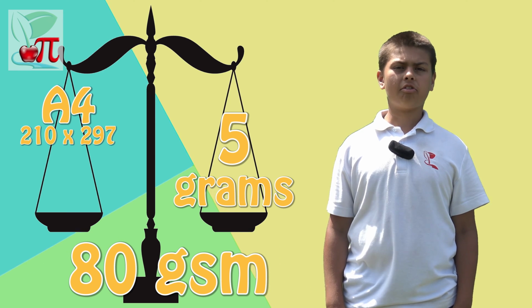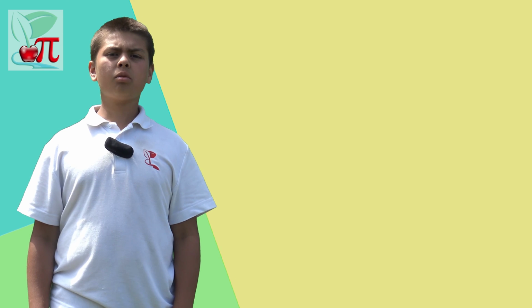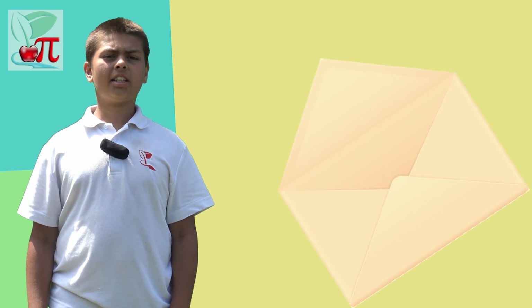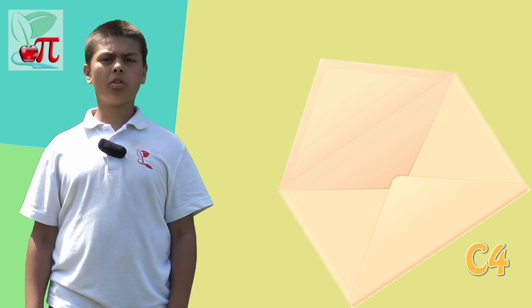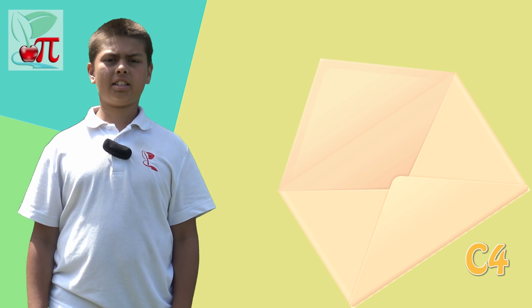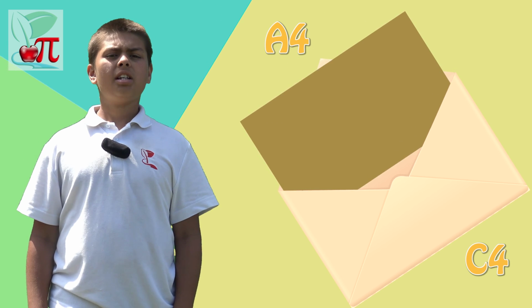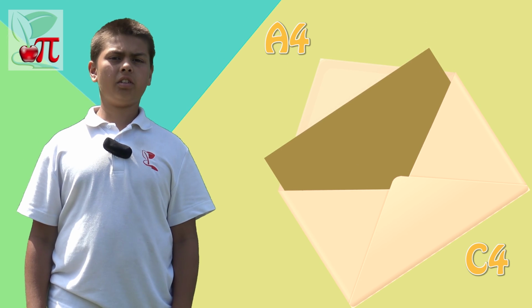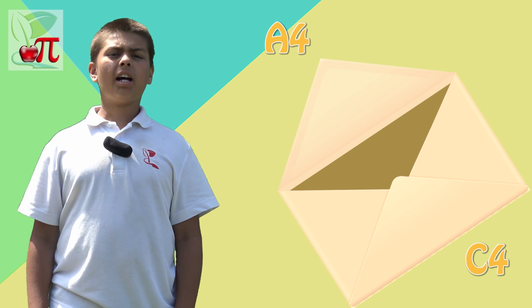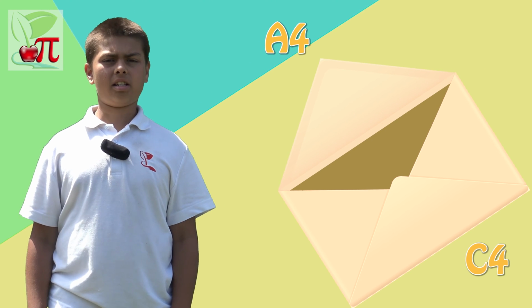A second widely used standard is ISO 269, called the C series, which is used for the envelopes of the A series sheets. An A4 page will fit into a C4 envelope. C series envelopes follow the same ratio principle as the A series pages.